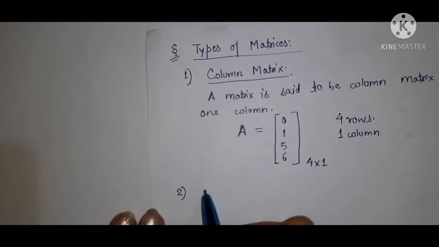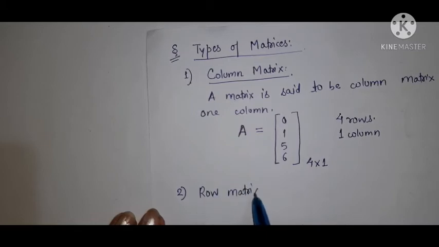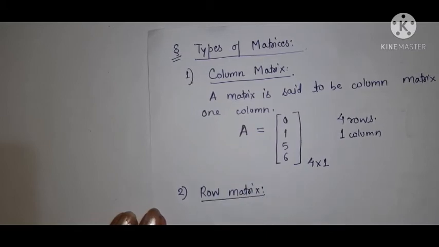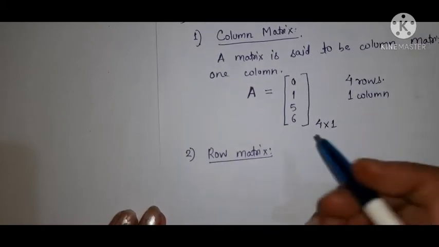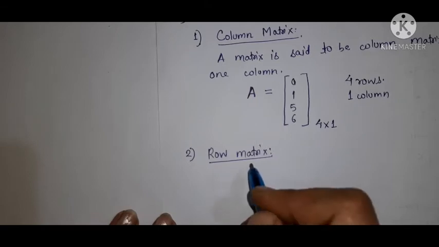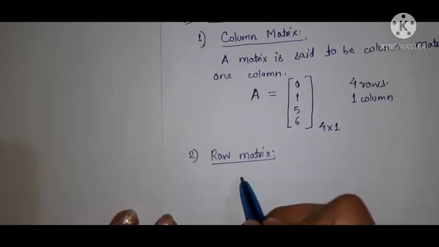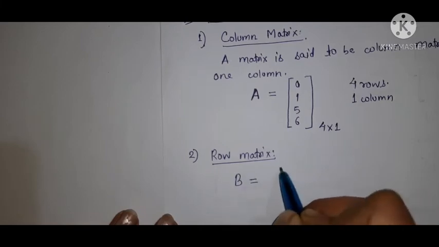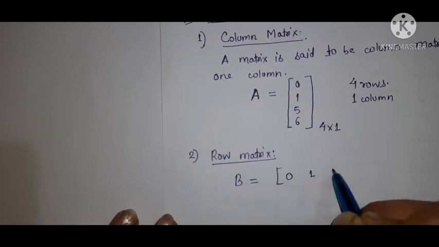Similarly, the second one is row matrix. So, I think you are able to understand what the row matrix will be. The matrix which has only one row is said to be a row matrix. Suppose I write the same entries.